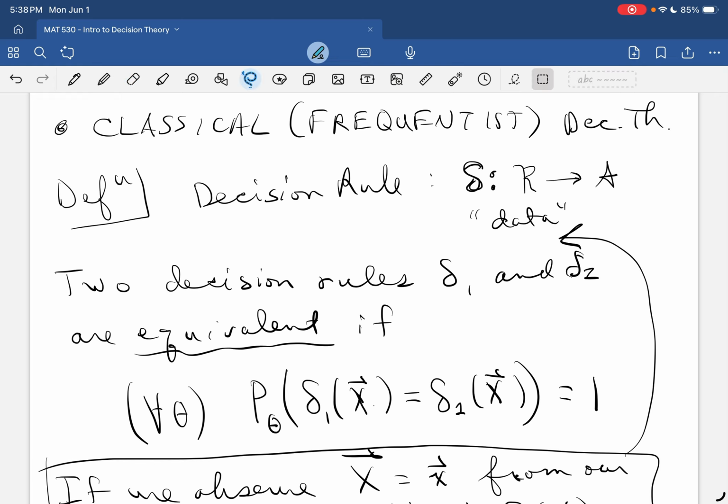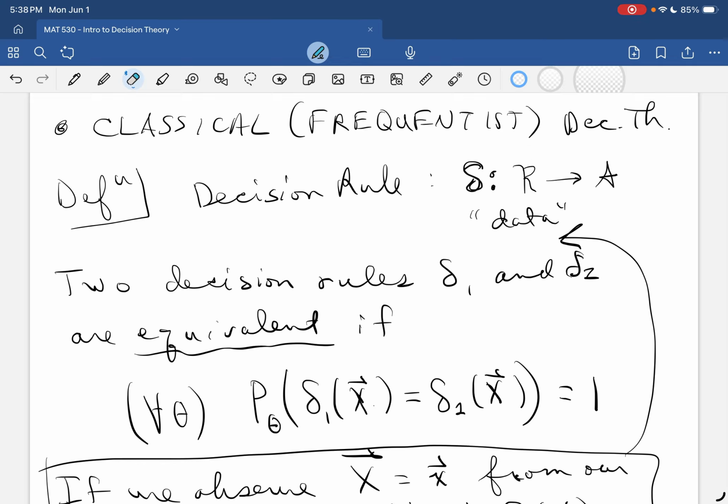A decision rule is typically denoted with this lowercase delta that you see there, and it is a mapping from the range space, which is the set of possible values that your data could be, so what your random variables output, to the action space.